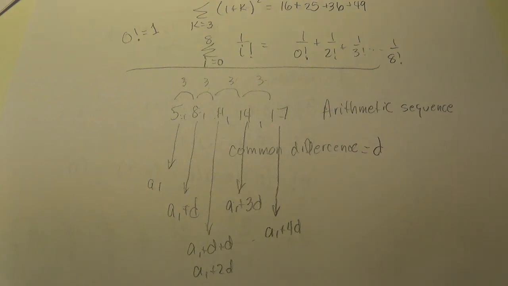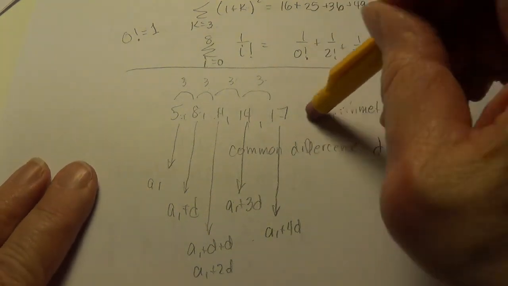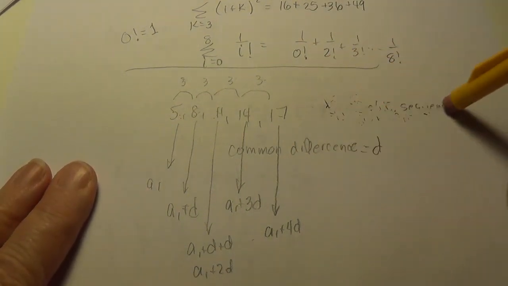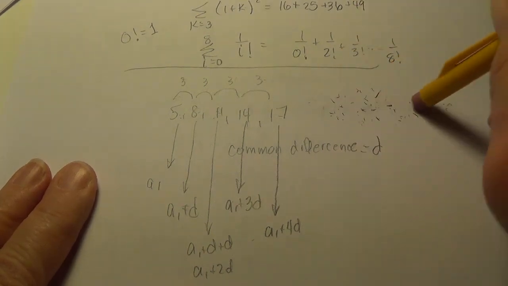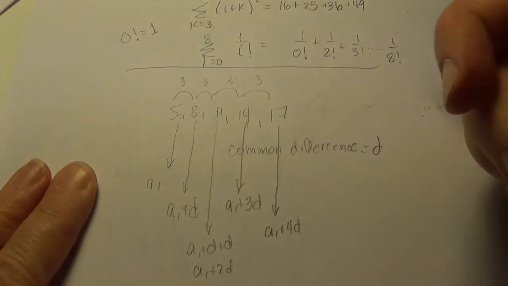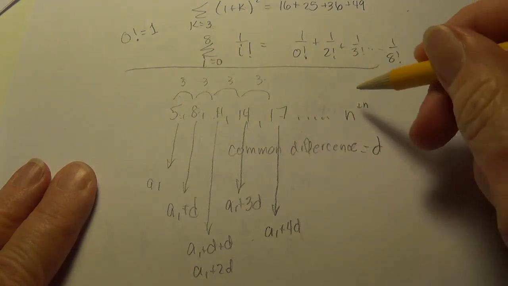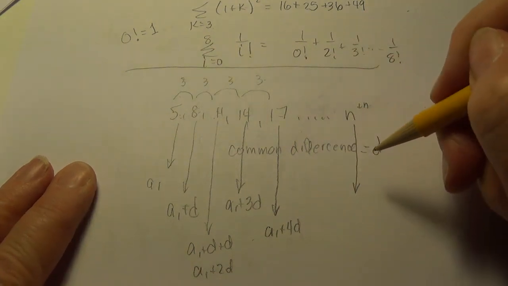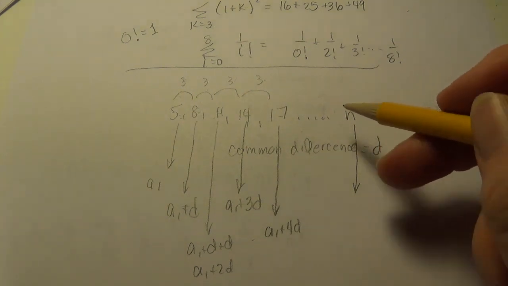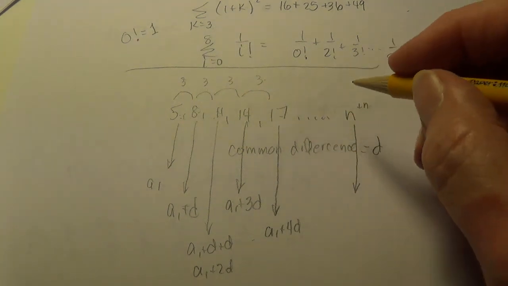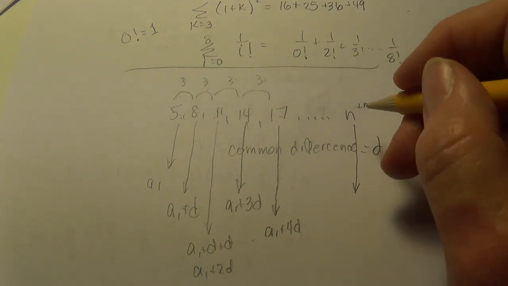So suppose we go all the way up to the nth term. I want a formula for the nth term in an arithmetic sequence.